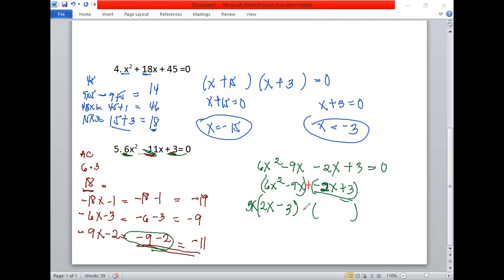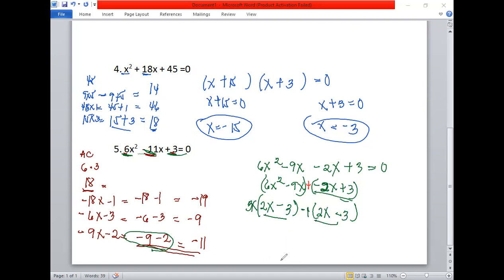Okay, so negative 1. Negative 2x divided by negative 1, the answer is positive 2x. Di ba? Negative 2 divided by negative 1, the answer is positive 2. X divided by negative 1, the answer is x. Then 3 divided by negative 1, the answer is negative 3. Okay, so as you can see, pareho na po yung nasa loob ng ating parentheses.